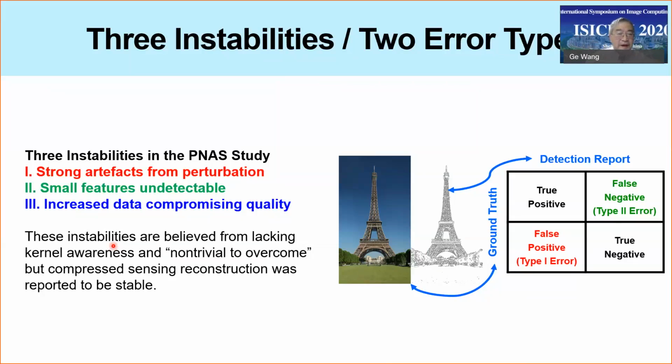The first two kinds of artifacts are familiar. That is the well-known type 1 error and type 2 error. The first one is nothing but a false positive. The second one is a false negative. And if our deep reconstruction field has this problem, how could we trust deep learning networks to perform well in healthcare? So that's a major challenge.